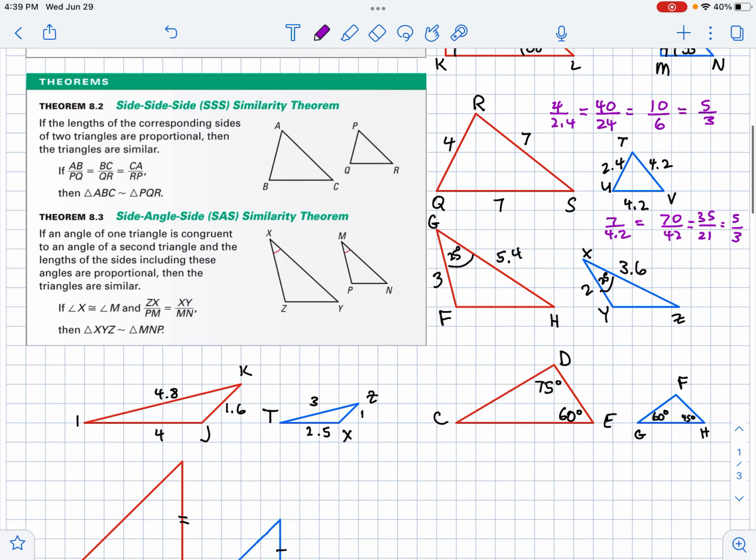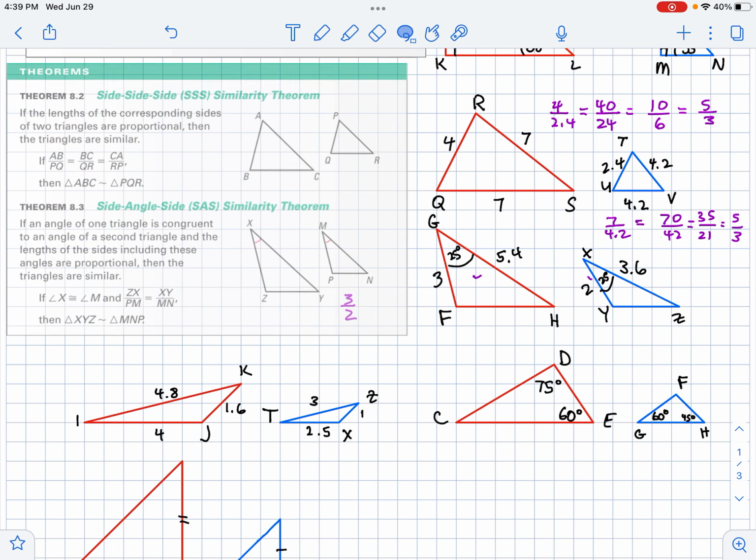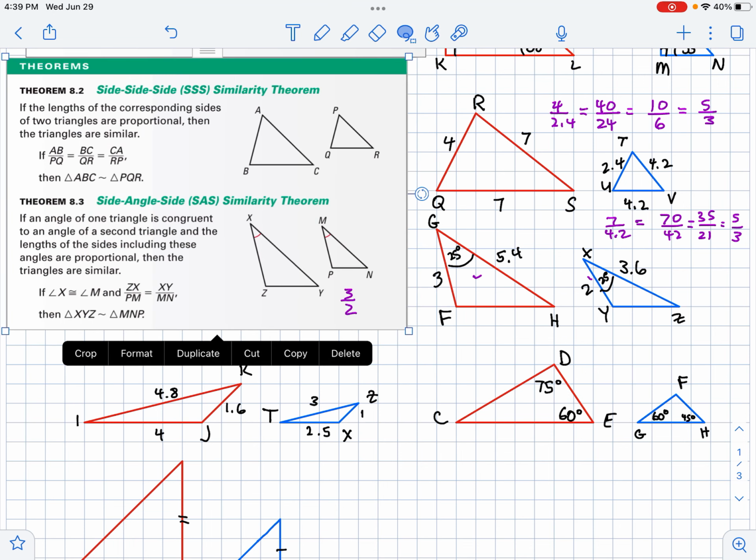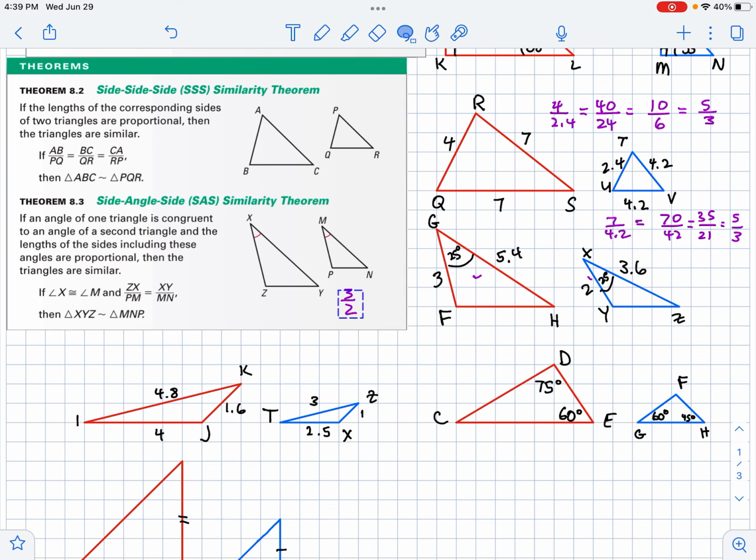Okay, so let's see if that's the case here. We've got 3 over 2 for this one over this. And then we've got 5.4 over 3.6. Now let's do this.